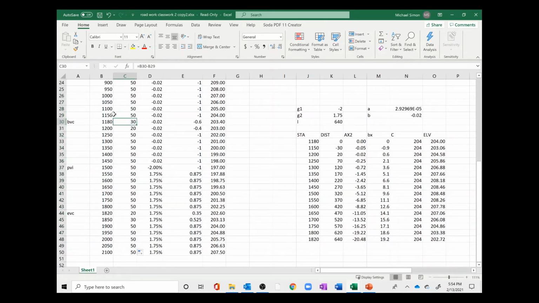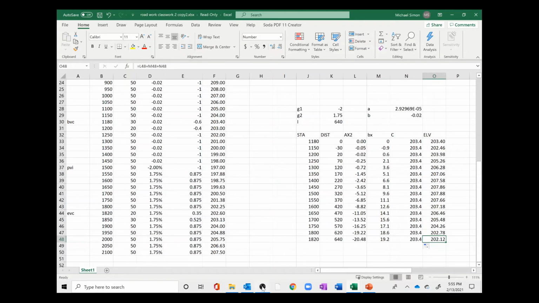That becomes 30 feet. Now your BVC becomes 203.4. This becomes 203.4. That would equal that. Drag it all the way down. So it starts at 203.4. The end of curve at 1820, 202.12. Okay.